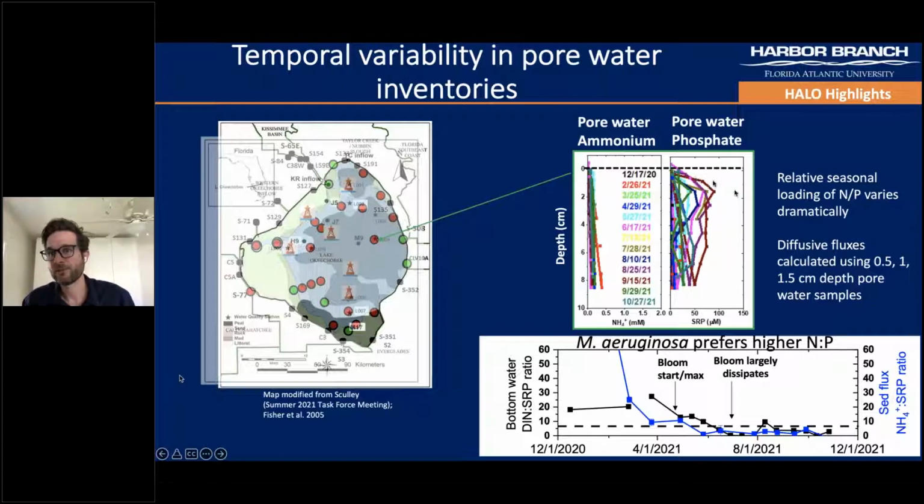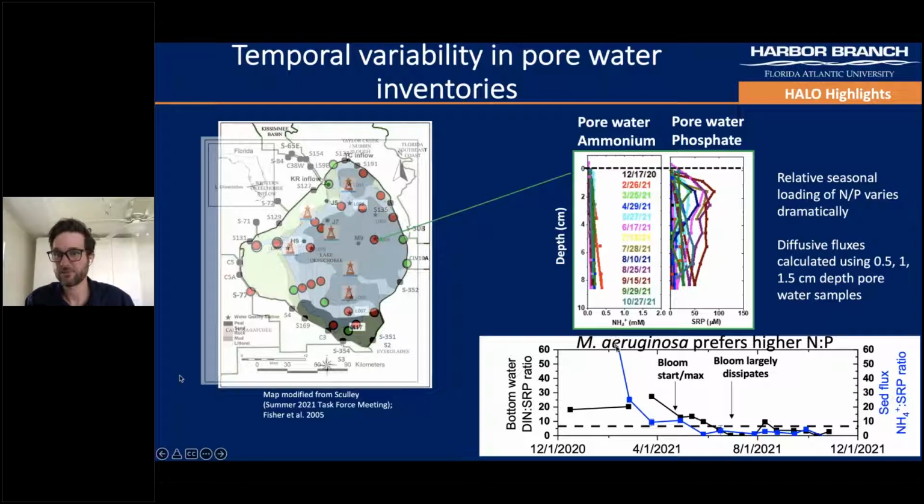So if we're just using these cores and what you get from the diffusive flux measurements using Fick's law, the near surface gradient, from which you can infer a flux across the interface, you would get drastically different relative N to P loading ratios. That's what I have plotted here in blue: the ammonium to phosphate ratio over the course of a year at the site of the sediment flux.